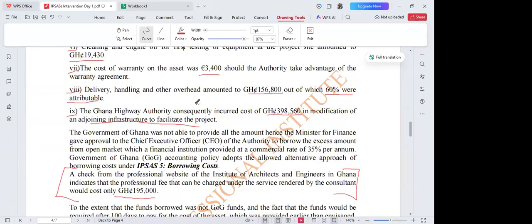Helen, your hand was up, go ahead. I will add it. Why? It is an expense that will generate economic benefits. So we have to add it to the cost.